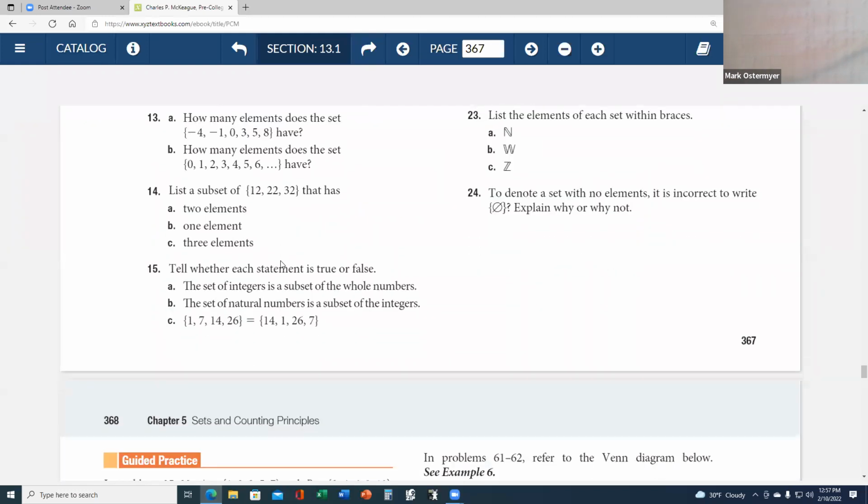All right. Now, for number 14, they give you a set that consists of 3 elements, 12, 22, and 32. And they want you to form a subset, ladies and gentlemen, that has 2 elements in it, 1 element, and 3 elements. What does that mean?